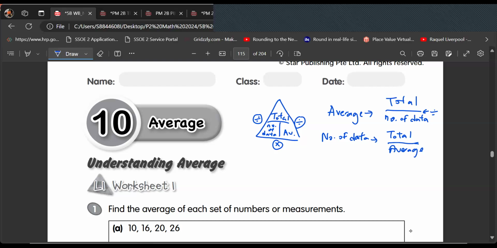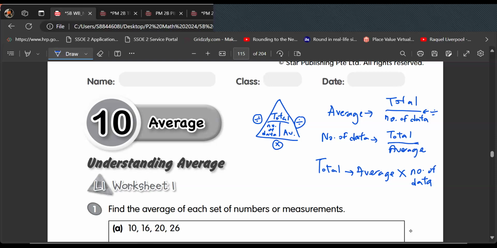And lastly, if I want to find the total, I'll use the average multiplied by the number of data. So the relationship is a multiplication or division relationship, not a plus and minus relationship.